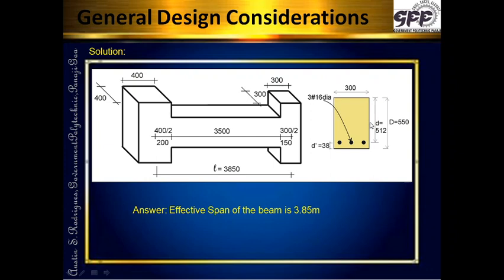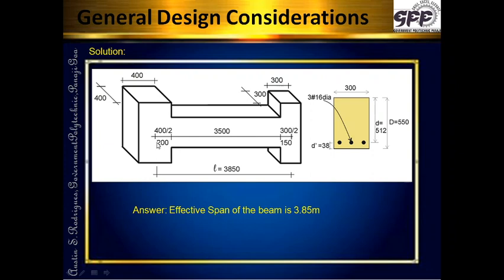The effective depth is 512 mm, from the topmost compression fiber to the centroid of the reinforcement, the vertical distance. So the clear span plus 512 mm was one condition.